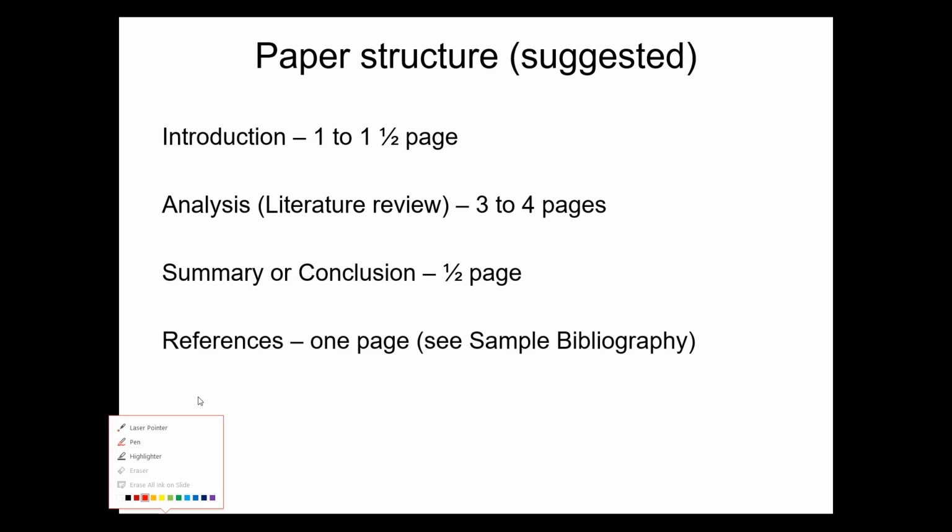Talk about what would be going in there here in a few minutes. Again, the meat of your paper is the analysis, or what might be often called the literature review, where you're finding those peer-reviewed sources and then describing what you've learned from those, 3 to 4 pages. Your summary or your conclusion would not need to be more than about 1/2 page or so. And then the references will be on a separate final page there. We'll look at that again here in a minute.